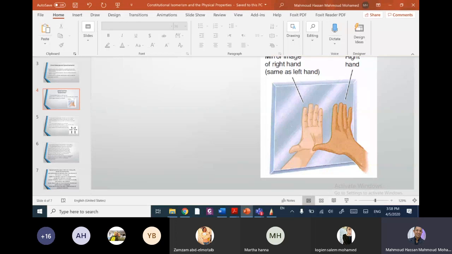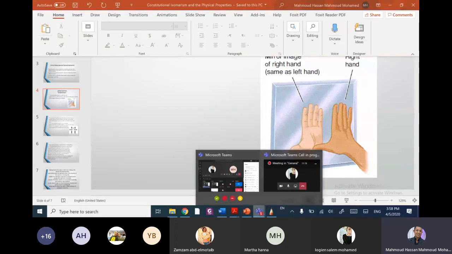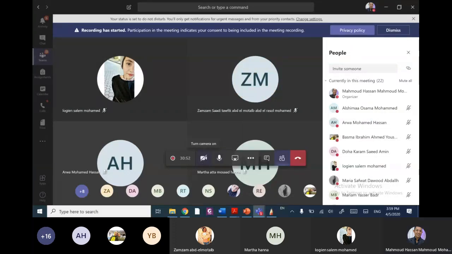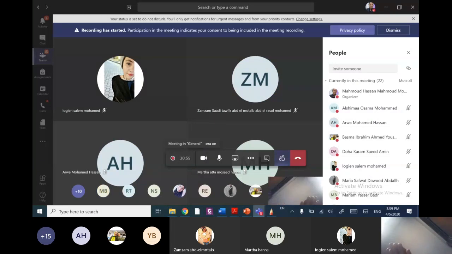Like in the camera that will appear in front of you now. Like this shape, when we put the right hand over the left hand or the left hand on the right hand, the position of the hand will be different.